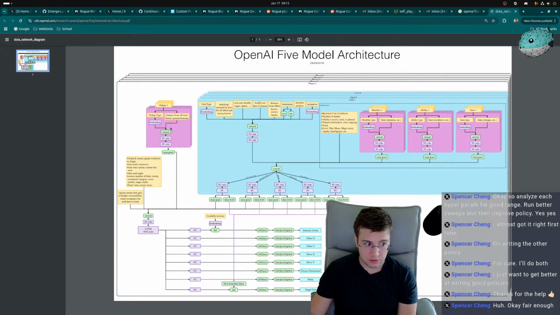And yes, but structurally, the reason that this policy is so complicated is because Dota has a fancy state space that needs to be parceled out, so you're not just putting it into a flat encoder. The core of the entire network is this LSTM right here. Almost all the parameters in this entire network are in this LSTM. And then these are just action heads for the different actions.